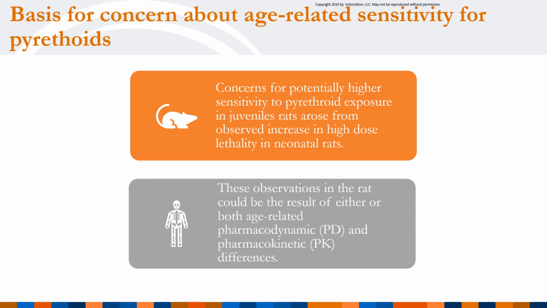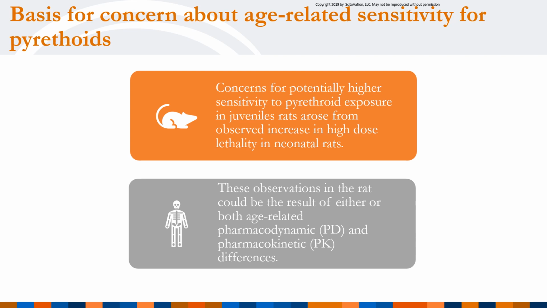The initiation of the project was concerns for potentially higher sensitivity to pyrethroid exposure in juvenile rats that came from observed increase in high-dose lethality in neonatal rats. These observations in the rat could be the results of either or both age-related pharmacodynamic and pharmacokinetic differences.